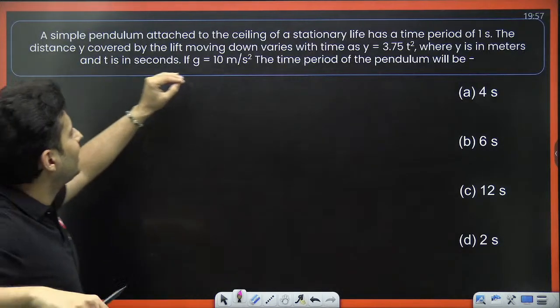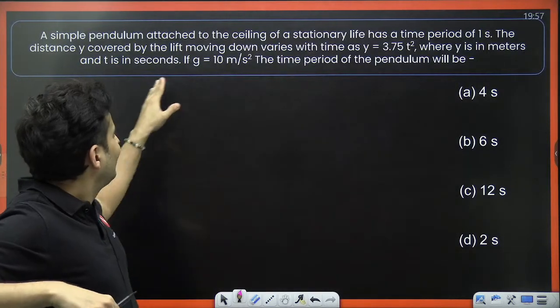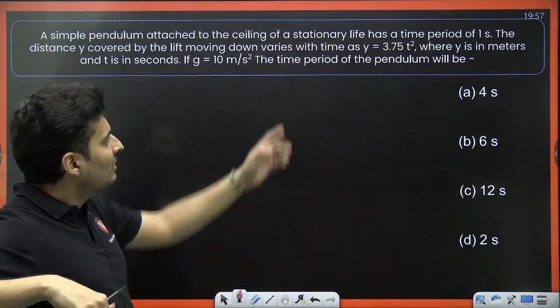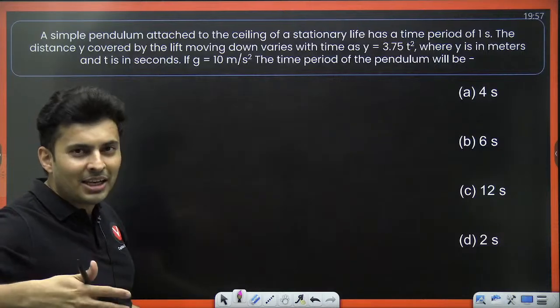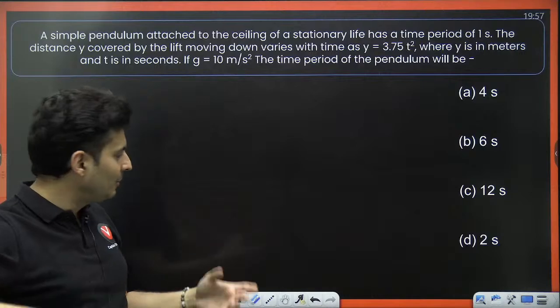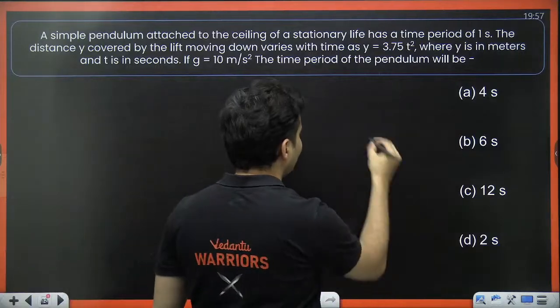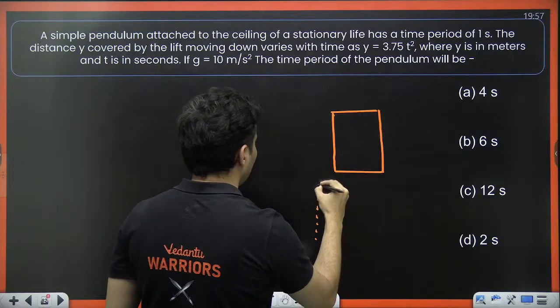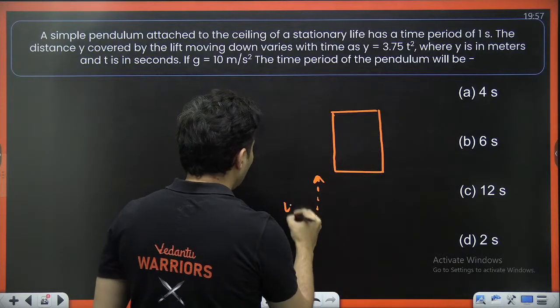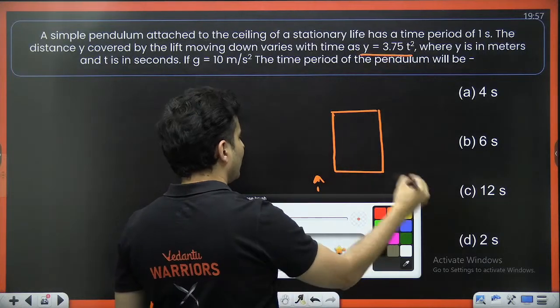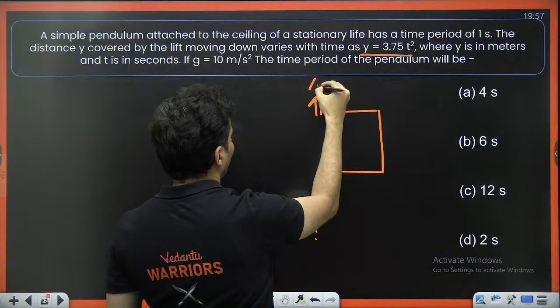The distance y is given by this. If g is 10, the time period of the pendulum will be? Because it's in a lift which has some equation of motion, meaning it is having some acceleration, you have to use g effective. You can see the y value is changing, and that's the reason why I can say it is accelerating upwards.